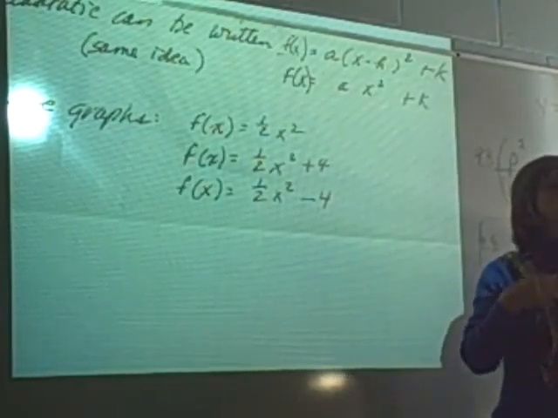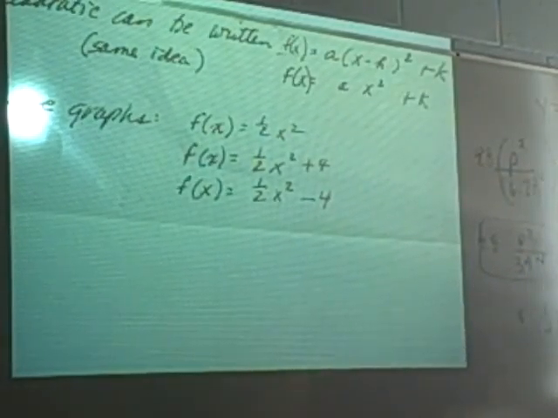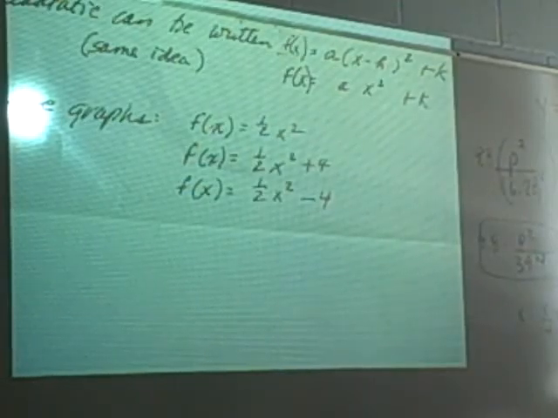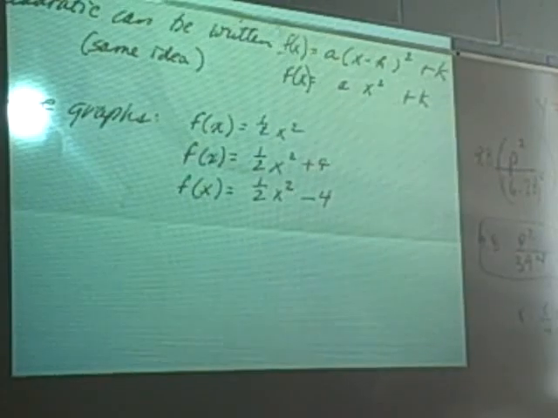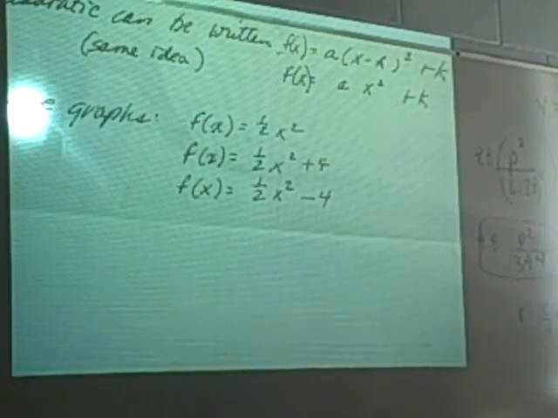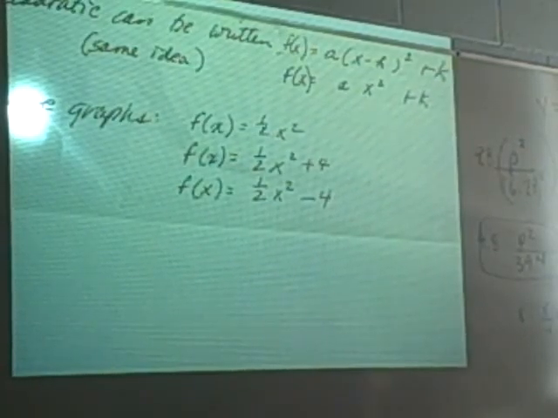What I'm going to do tomorrow is teach you how to write it in that form and why that form is very helpful. So today we're just going to focus on looking at what h and k mean and what they tell us. And then tomorrow I will teach you how to write it in that form.